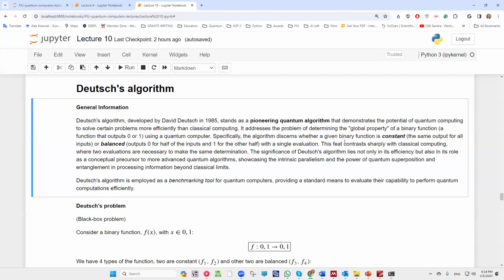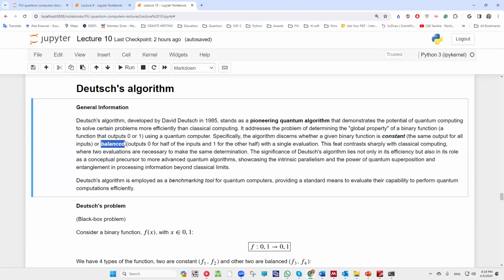Let us consider an oracle function, a function that gets zeros and ones as input and returns 0 and 1 as the output, or true and false. Now we say that there are two types of this function. One type is constant: if you send 0, the function returns 0. If you send 1, the function returns 1. So it's a constant function.